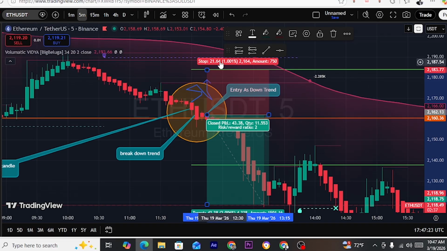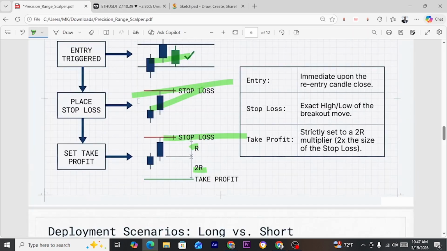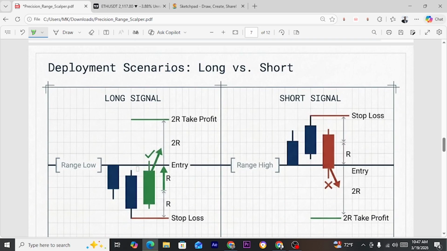This is 21.64 and this is 43.38. That means it's 2x from that one. So here it's the same as we discussed. Take profit: this is R and this is 2R. We have to enter from here and make a profit of R. Okay, this is very interesting.